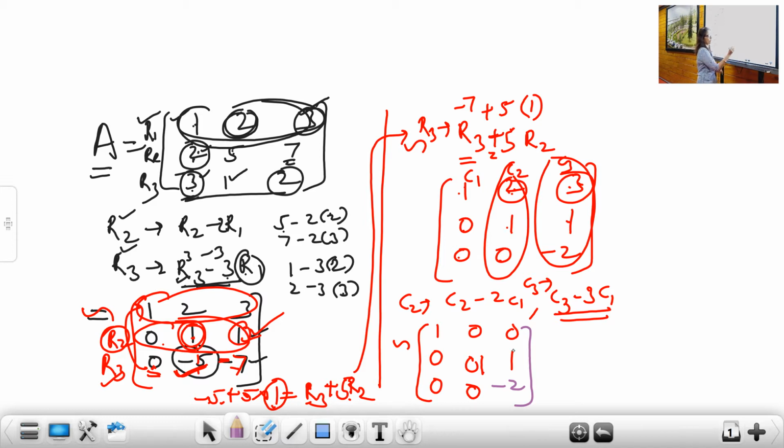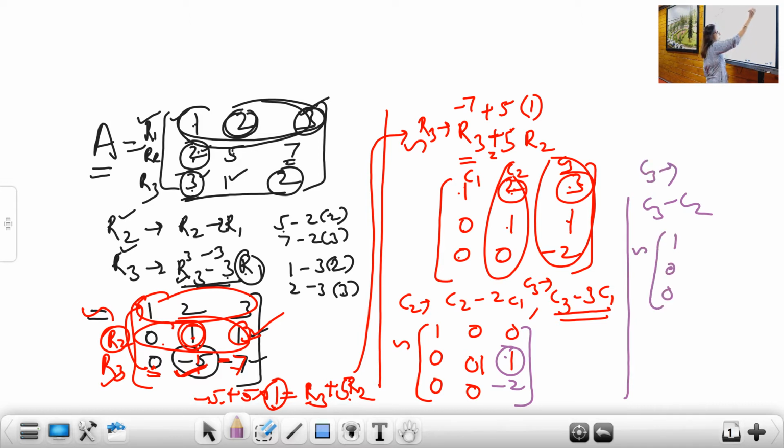Now can you tell me quickly what will be the transformation to make this element 0? This is C3, right? C3 minus C2, because there is no point using C1, since it is already 0. So the first column we are not changing. Now which column will be changed, students? Only C3 is changing, right? So C1 and C2 you write as they are.